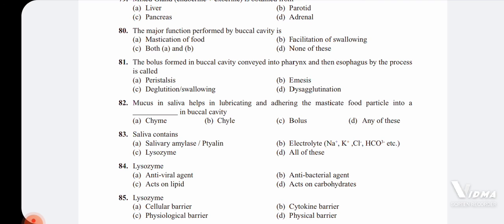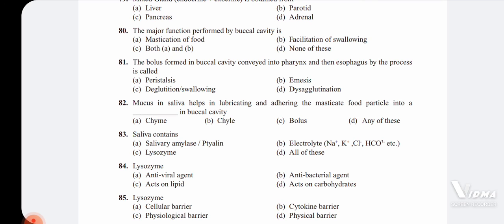85th question, lysozyme is a cellular barrier, cytokine barrier, physiological barrier, or physical barrier. What actually this means, in the second year you will come across in detail about this.